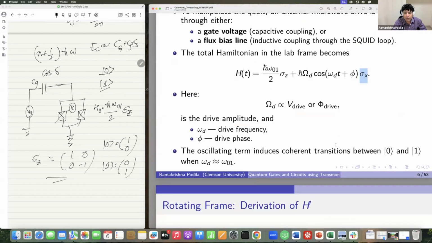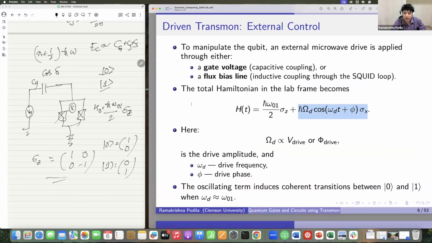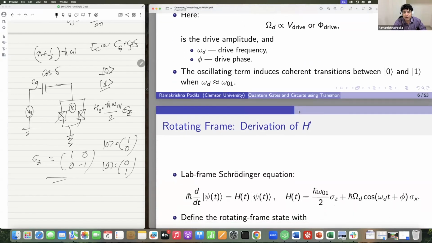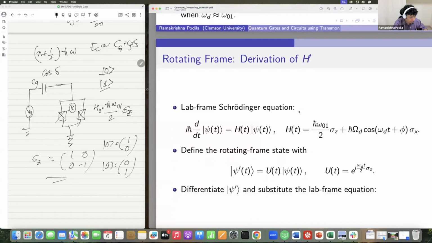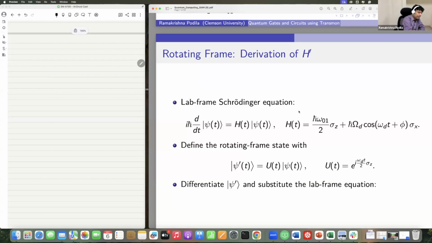So to look at how this perturbation from the microwave driving actually changes the Hamiltonian, what we are going to do is rotate our frame to look at the Hamiltonian. So to rotate the frame, recall our Schrodinger wave equation, that is i h bar d psi by dt is equal to whatever is a time-dependent Hamiltonian times psi of t, right?